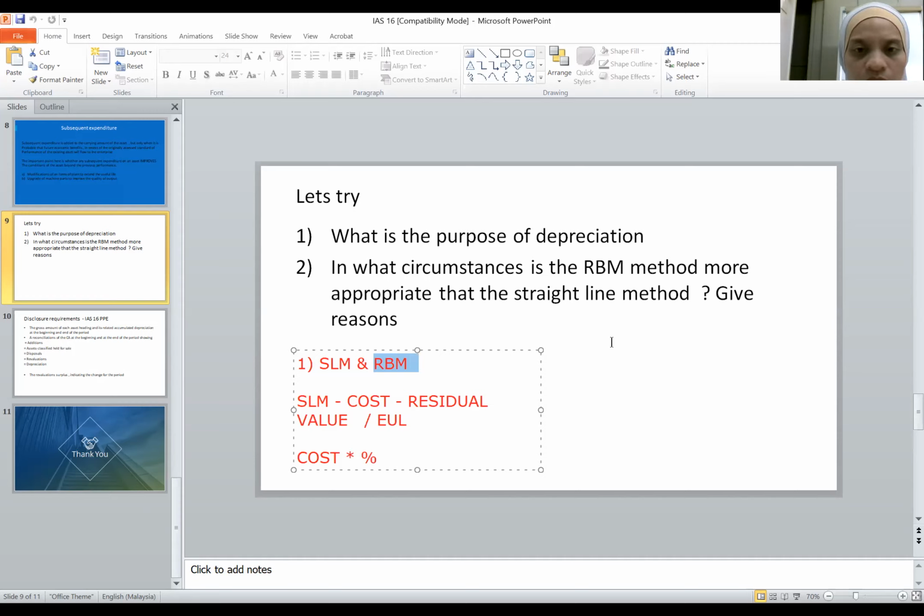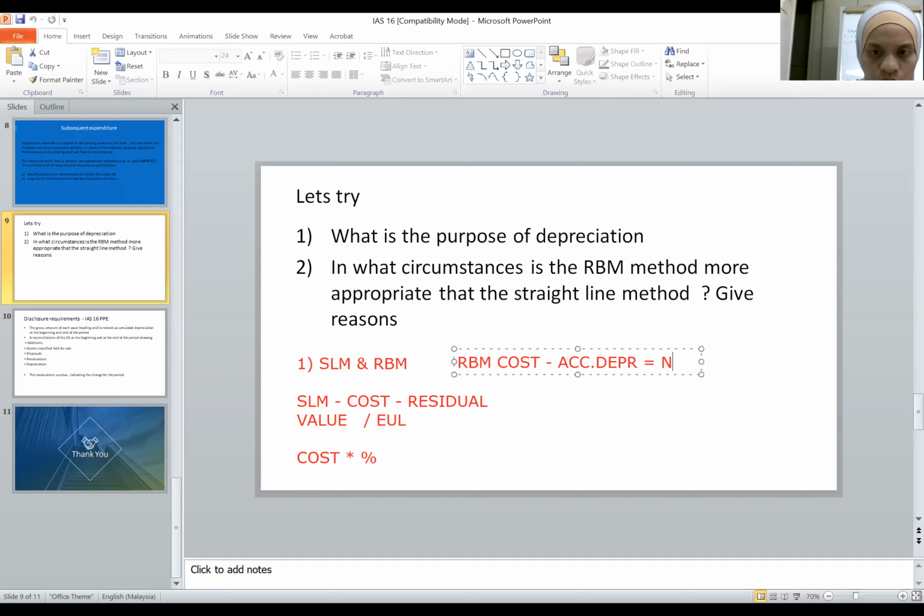Reducing balance method is whereby cost, you akan minuskan dengan accumulated depreciation. We get the net book value. So you akan calculate depreciation based on the net book value. So you take the net book value, multiply with the percentage given by the question.